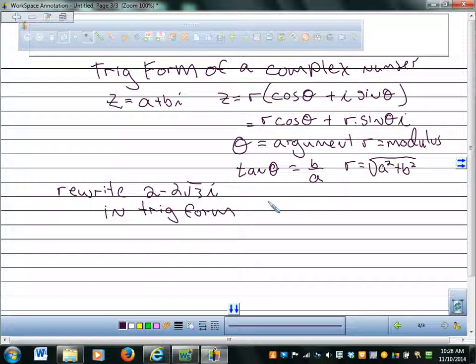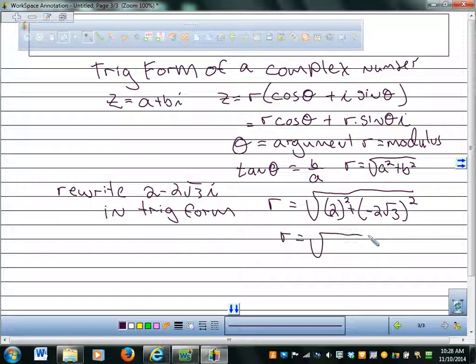Okay? So the first thing you want to do is find r. So r is going to be the square root of a squared plus b squared. What's a? 2 squared plus negative 2 root 3 squared. Okay, so r is equal to, whoops, I forgot to square that.